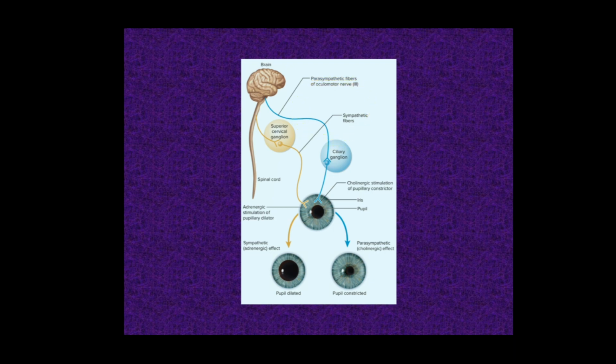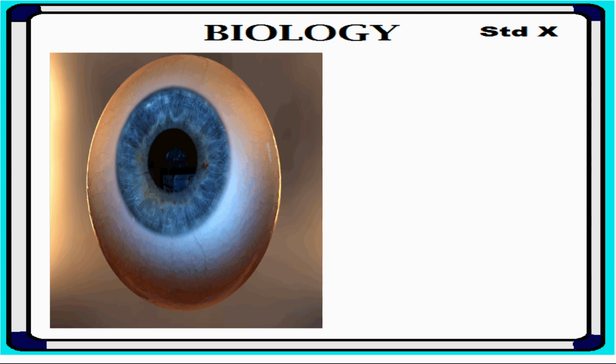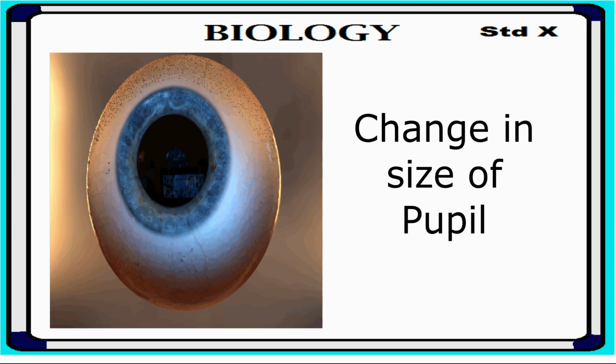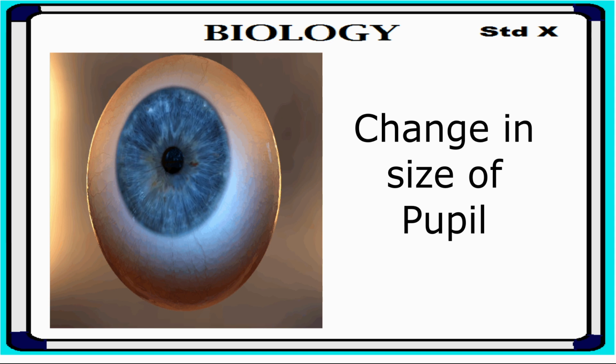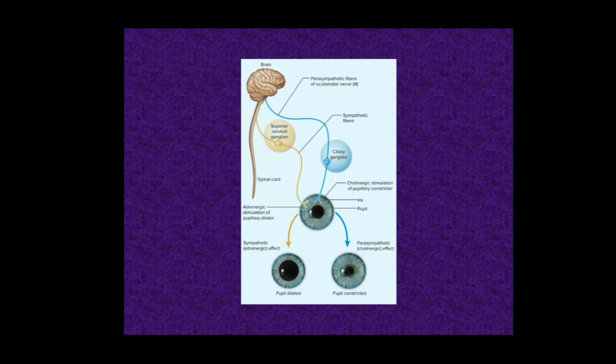So during an emergency situation, what happens to our pupil? The pupil dilates. How does it dilate? With the help of muscles present in the iris. Once the person has faced the situation, the parasympathetic helps to bring the dilated pupil back to normal.